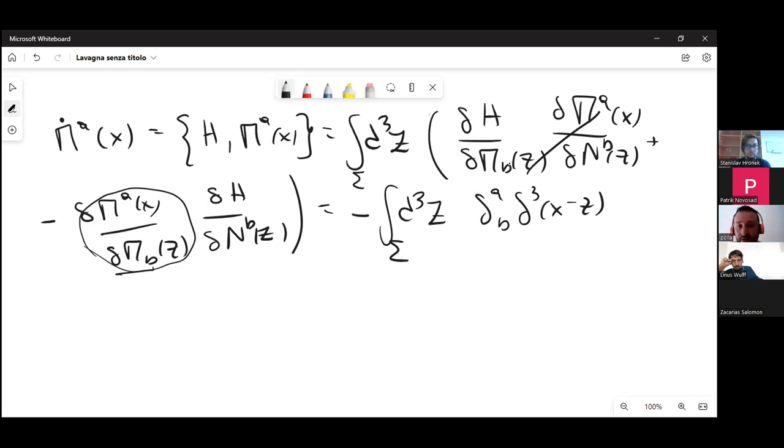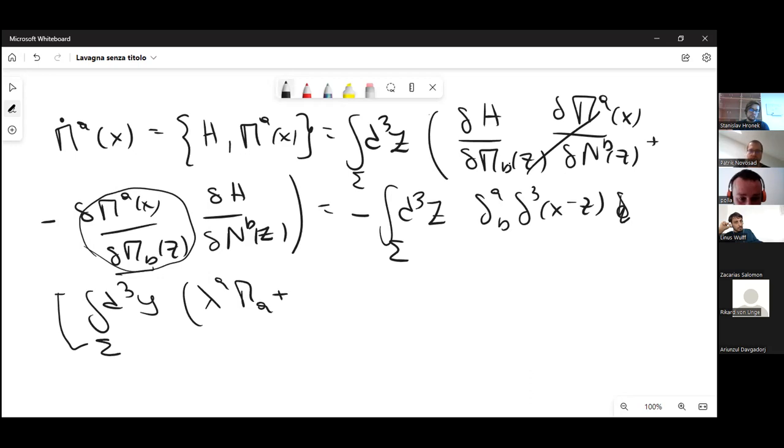And the variation of the Hamiltonian with respect to N^b just gives, given that the Hamiltonian is given by this, H_A plus N H, here we have the variation of all of this.